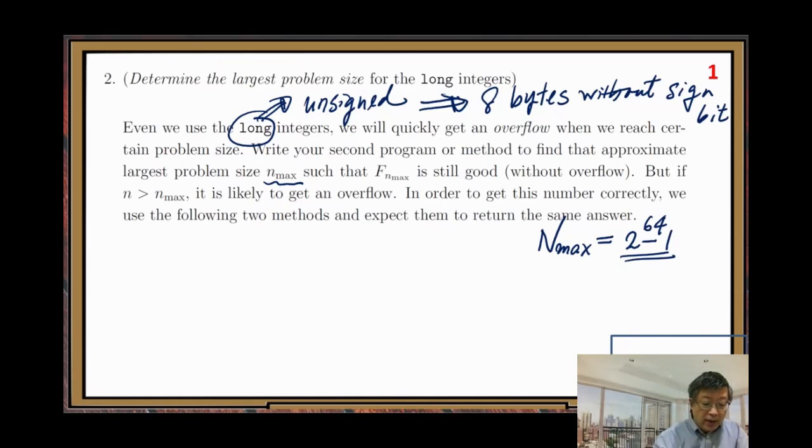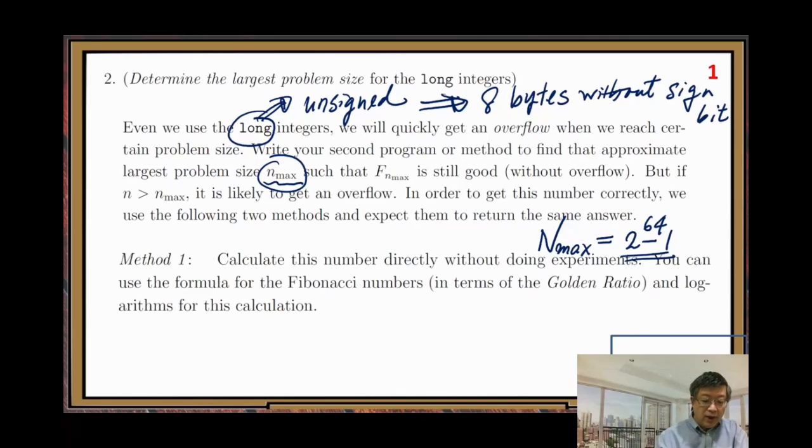All right, so in order to determine little n max, we have 2 methods. In this video, we look at the first one, method 1. Calculate this number directly without doing experiments.